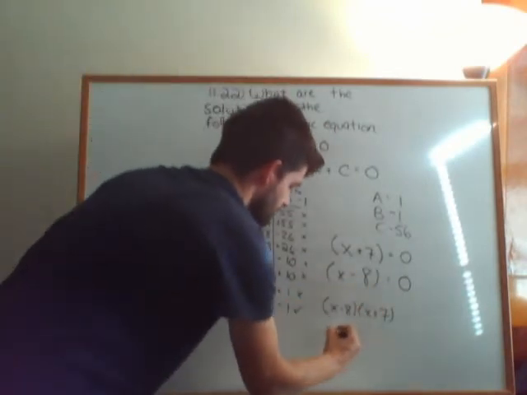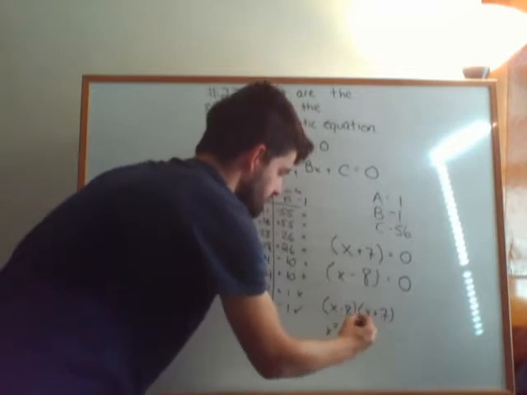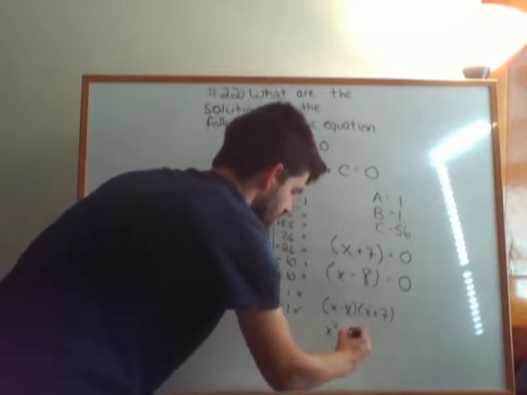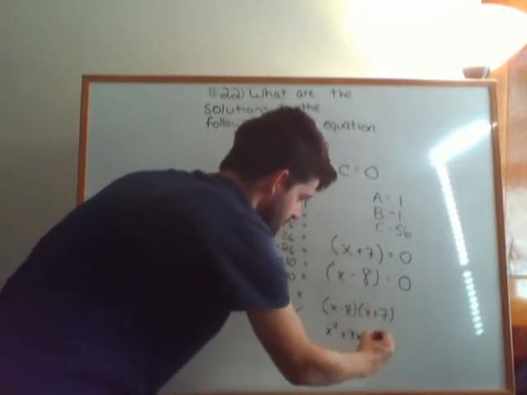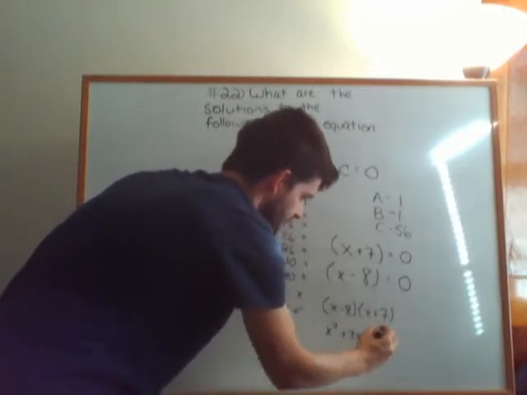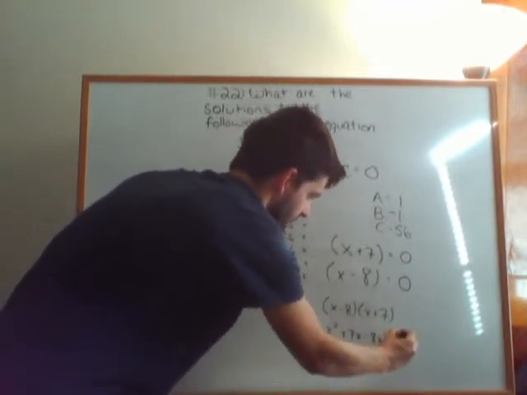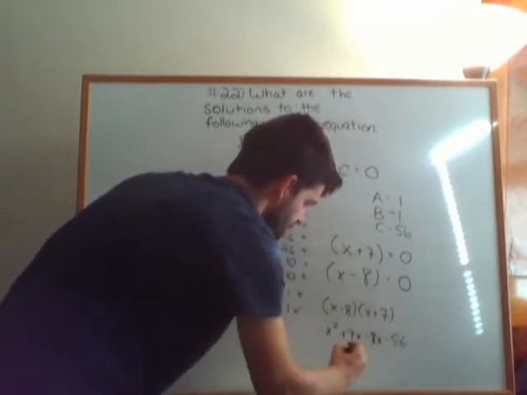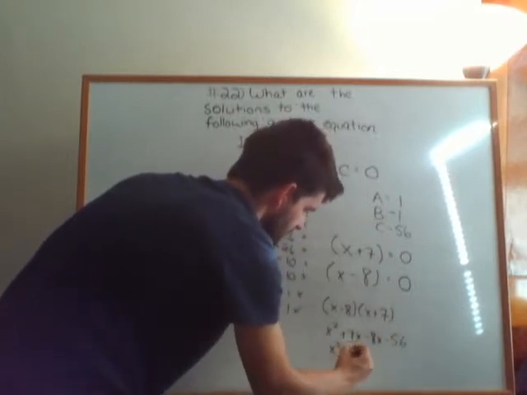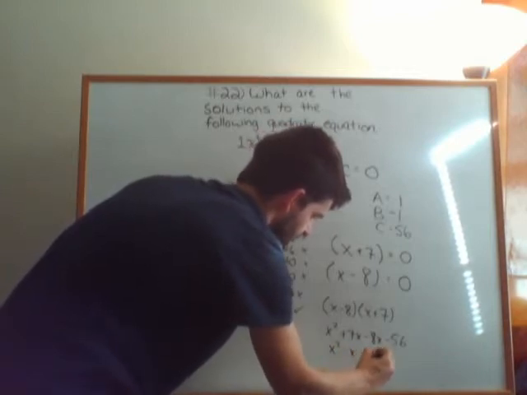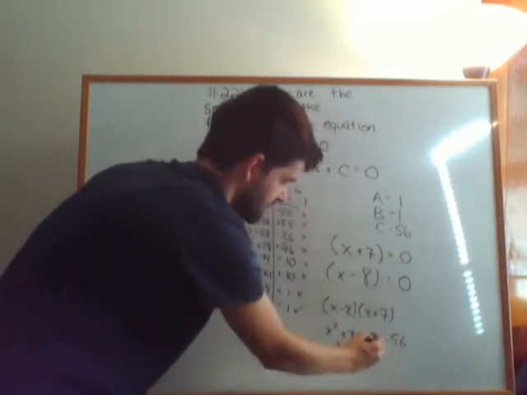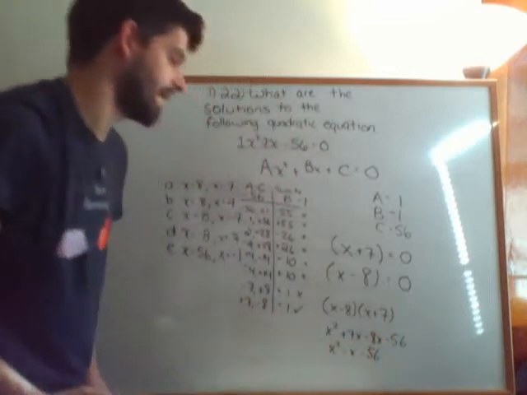First is going to be x squared, outer is going to be plus 7x, inner is going to be minus 8x, and then last is going to be minus 56. And then when we simplify, we'll get x squared minus x minus 56. Plus 7x minus 8x is going to give us that negative 1x.